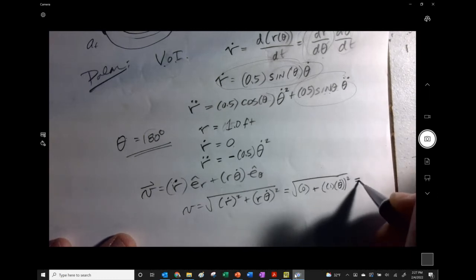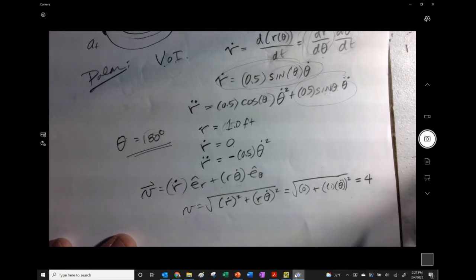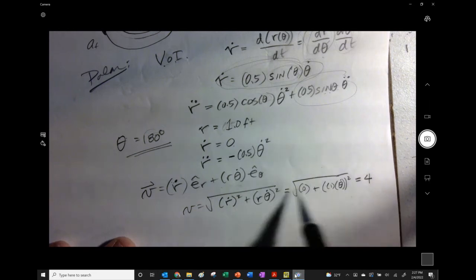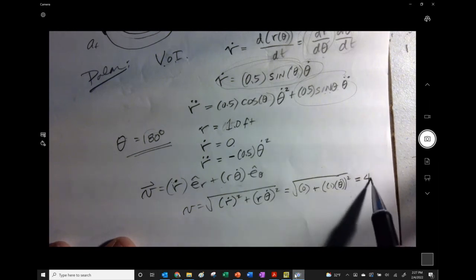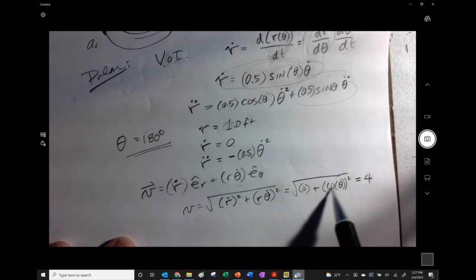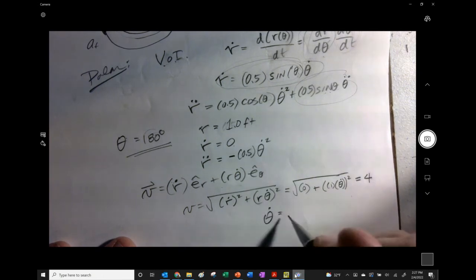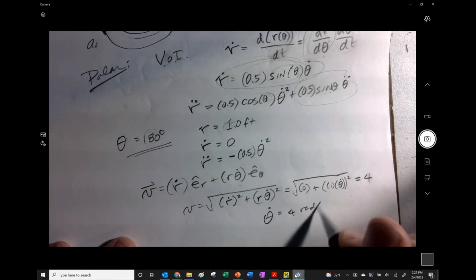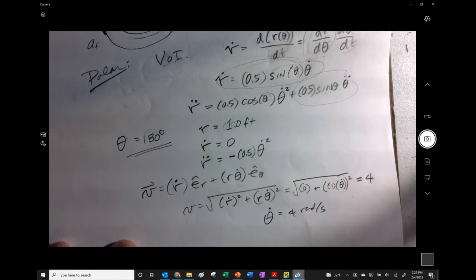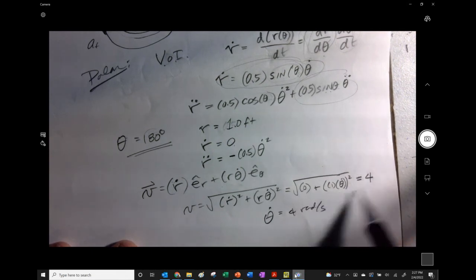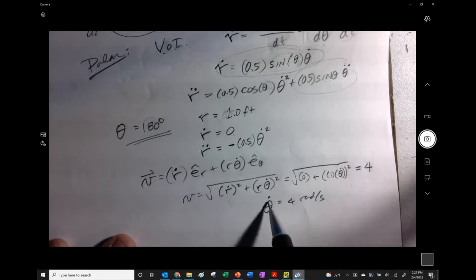And we know that that's going to be equal to 4. They told us. So based on this, we could square that, but then we'd end up taking it times 1. So we find that theta dot is going to be 4 radians per second, based on this relationship right in there. So we're able to get part of it.